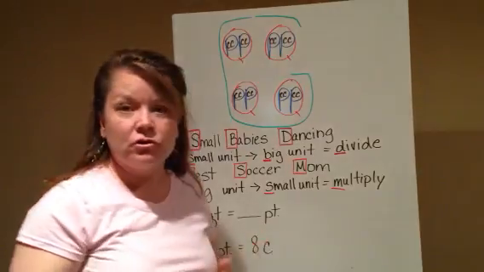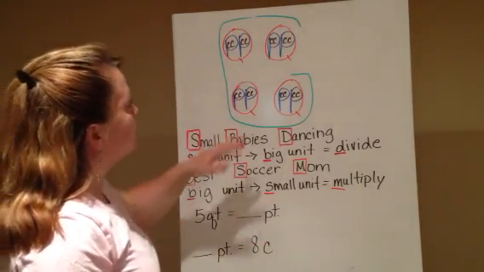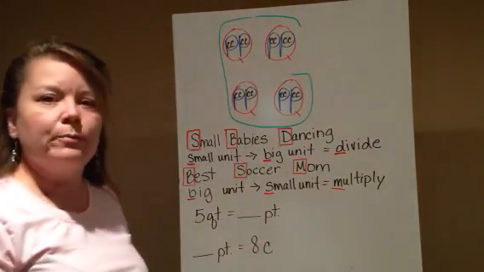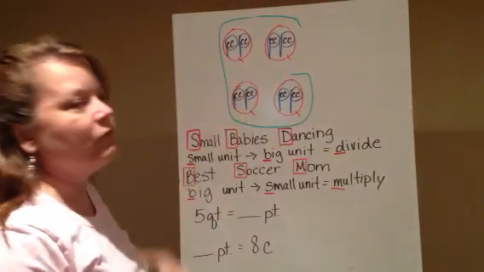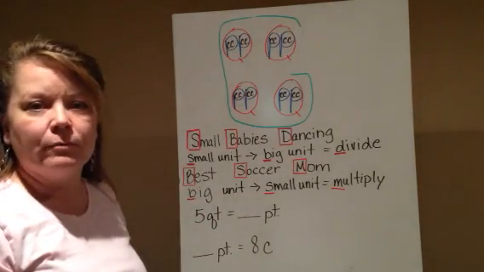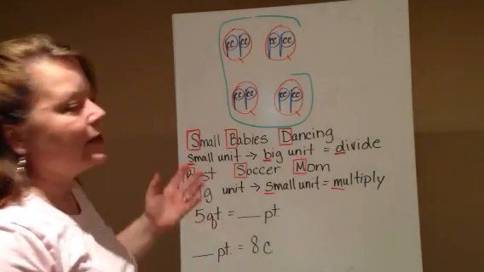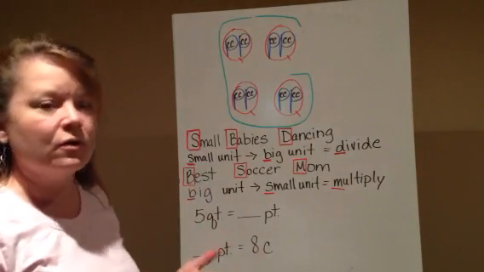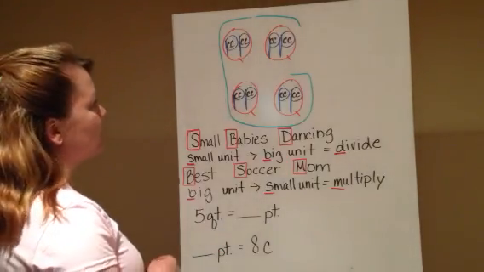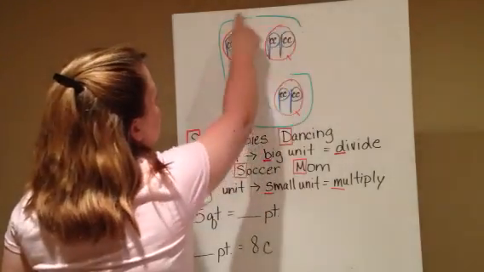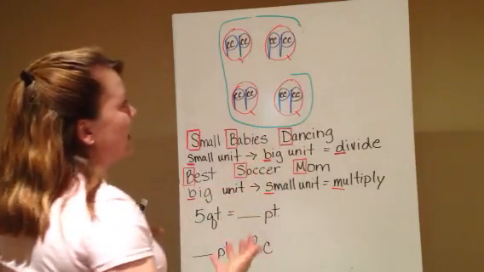Now, we have a poster in the classroom that looks similar to this. It's a lot bigger, but this diagram is very helpful when we're trying to remember how many quarts are in a gallon, how many pints in a quart, how many cups in a quart. So just to kind of explain how this works, the big G here would be our gallon.